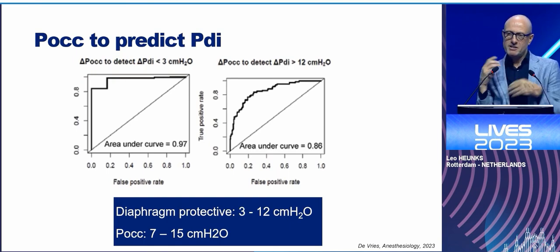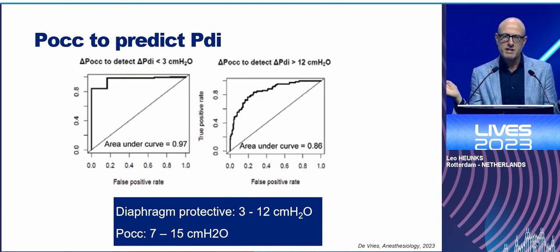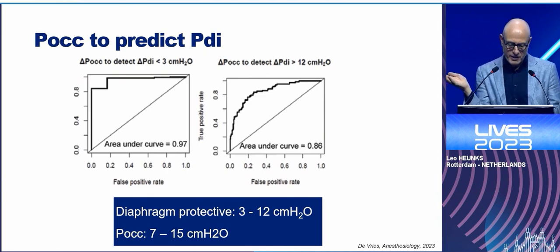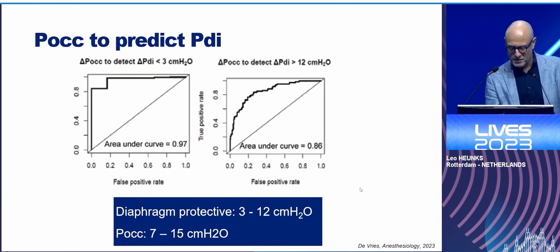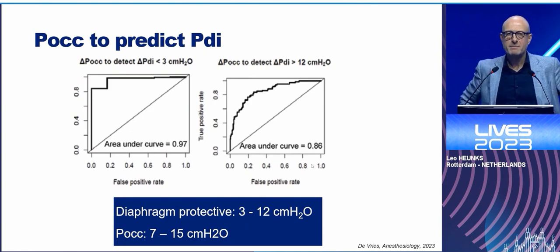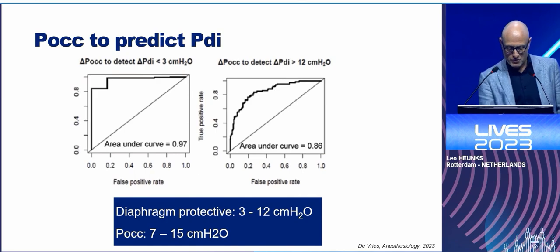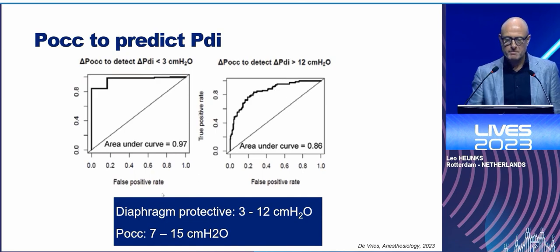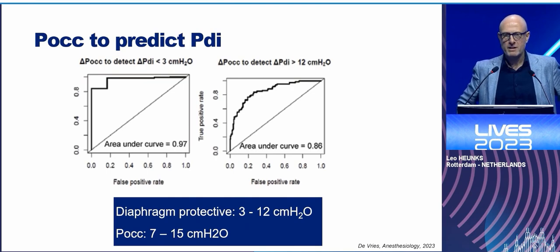And this is a point of discussion, but I think it is reasonable: a physiological activity of the diaphragm is a pressure between 3 and 12 centimeters of water. If you believe that, which is reasonable, you could aim for an occlusion pressure between 7 and 15 centimeters of water. That could be diaphragm protective.